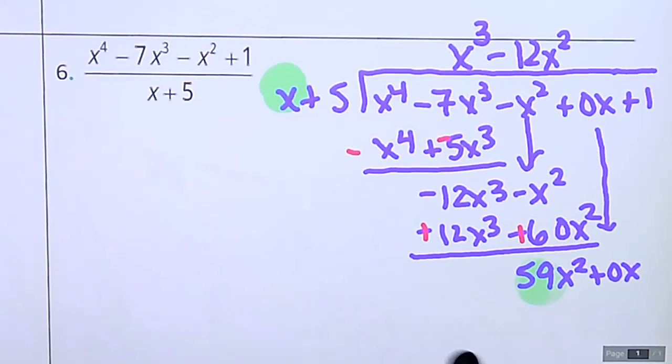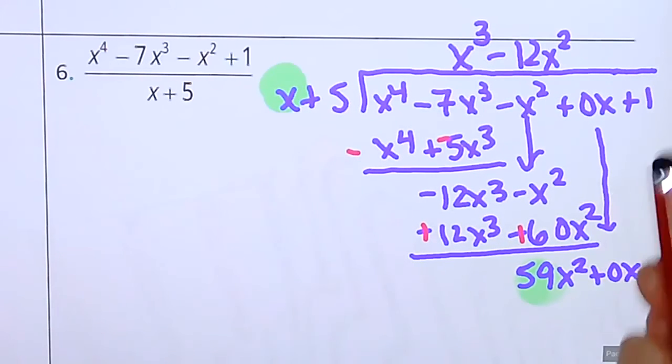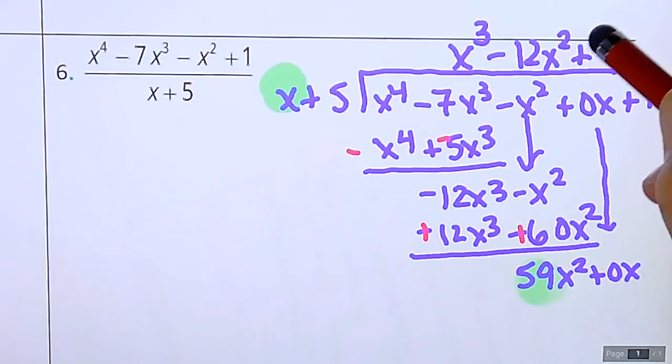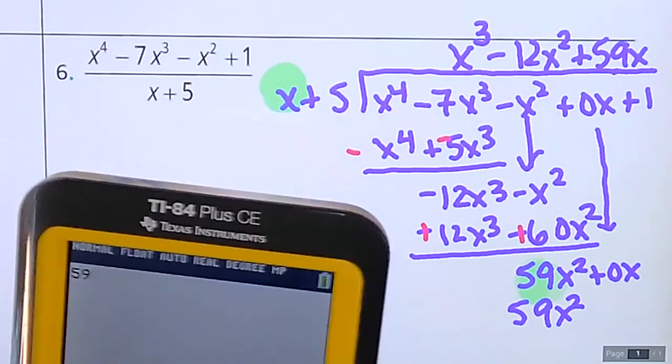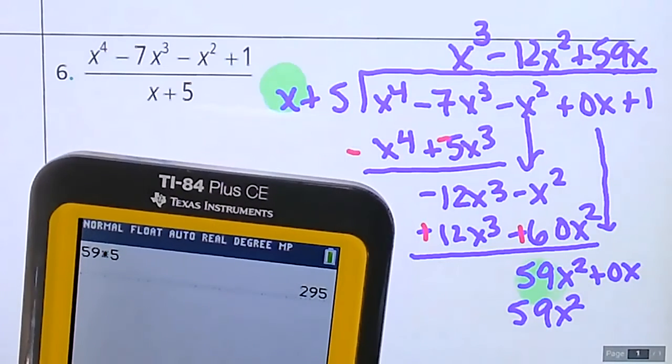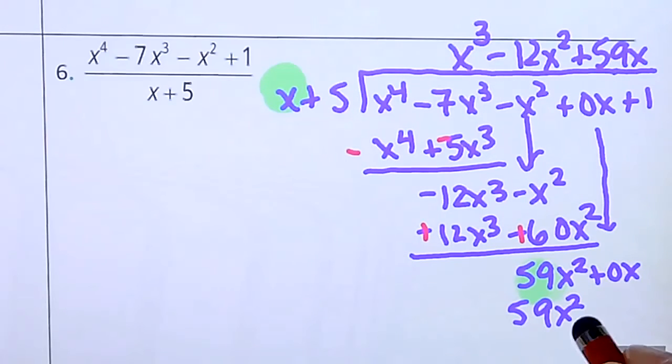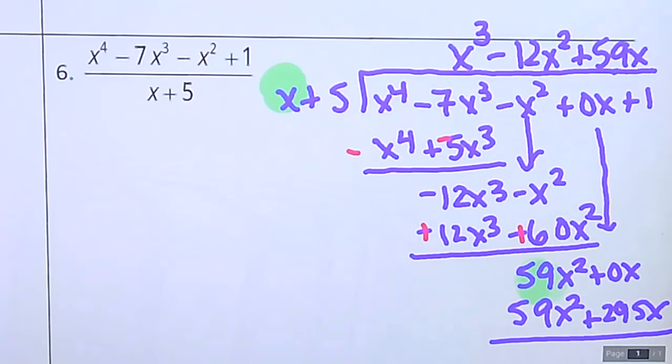That's going to be my focus. And so x times what gets me 59x squared, that's going to be plus 59x. So I'm going to do that multiplication. I'm going to get a 59x squared. And when I do 59 times 5, I end up with a 295. So that's going to be plus 295x.